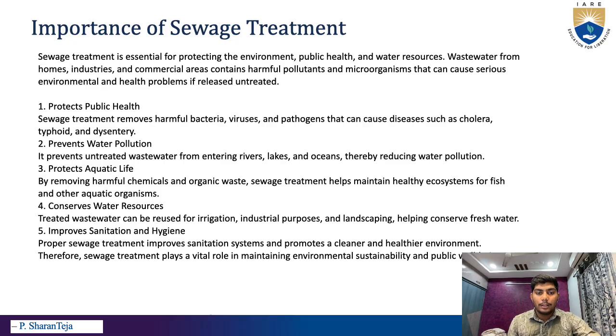And fourth one is conserve water. Treated water can be reused for agriculture, industrial purposes, and gardening. And fifth one is improve sanitation. A proper sewage system leads to cleaner cities and healthier living conditions. So sewage treatment is essential for both human life and environmental protection.